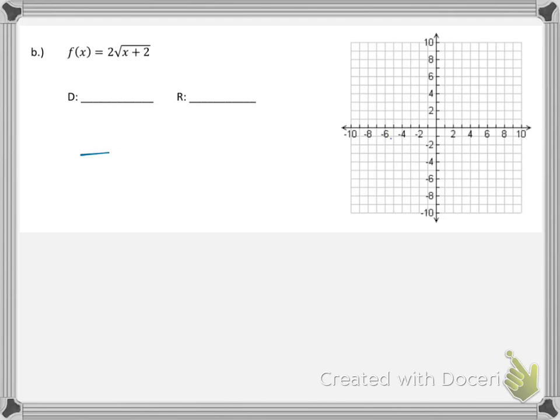I'm going to have my original table of my original function, x y, at 0, 0, 1, 1, 4, 2. That's my parent function. Then applying the transformations, let's look at what transformations are applied.